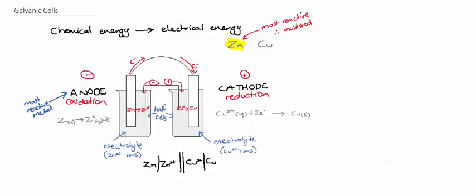In the salt bridge, your positive ions are going to migrate towards the cathode half cell, and your negative ions are going to migrate towards the anode half cell. And the reason for the movement of the ions is to balance the charge within the half cells.